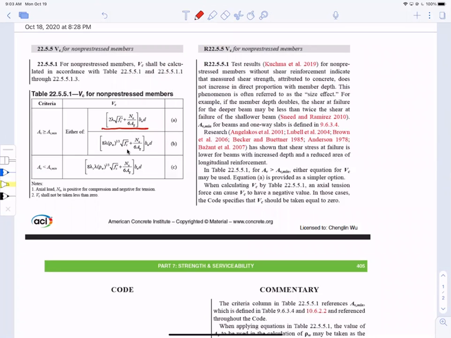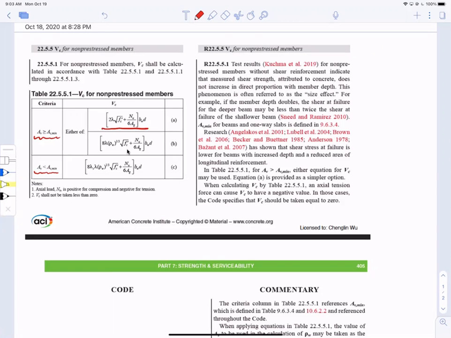Now, there are two different criteria, as you can see on the left. First, Av is bigger than Av minimum. That means when you provide at least the minimum amount of shear reinforcement. Now that does not change. Okay, there's a second criterion, where we have shear reinforcement lower than the minimum.